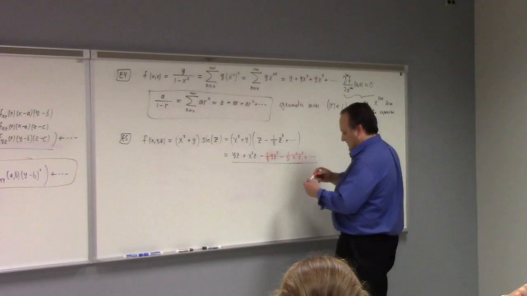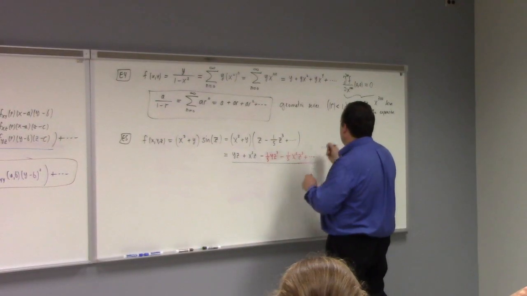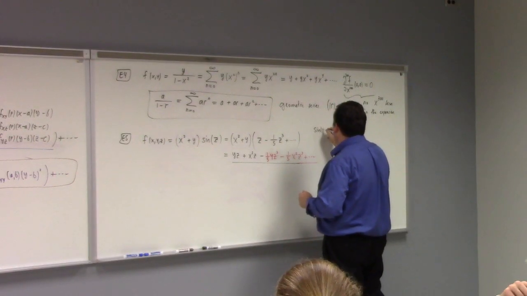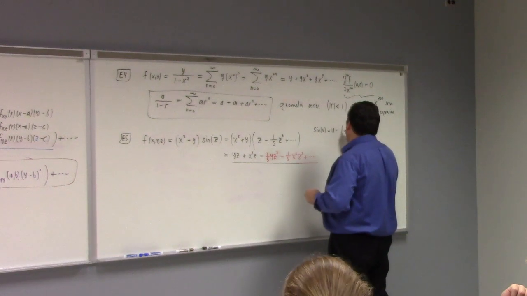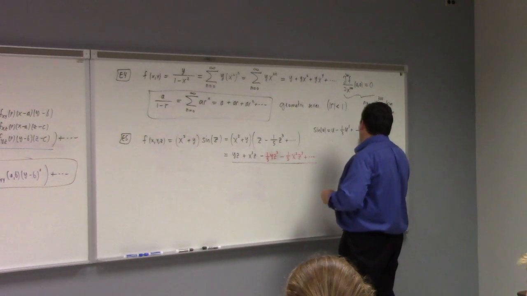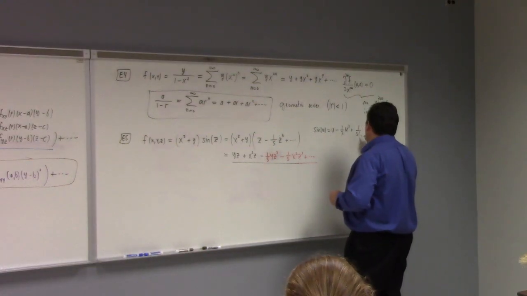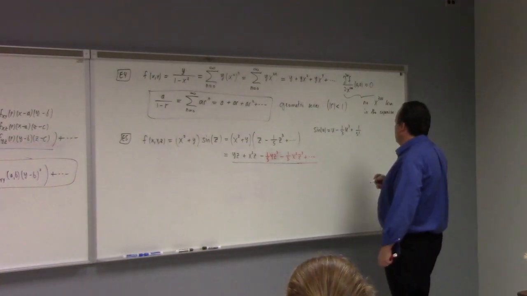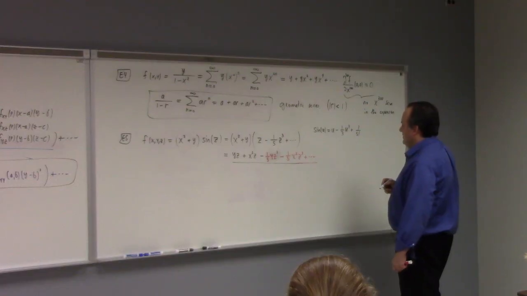I think it's because I skipped an important step, which was to remind you guys that the sine of u is u minus, thank you, a third u cubed plus 1 over 5 factorial. Wait a minute, is it 1/3? Now you guys have got me doubting.